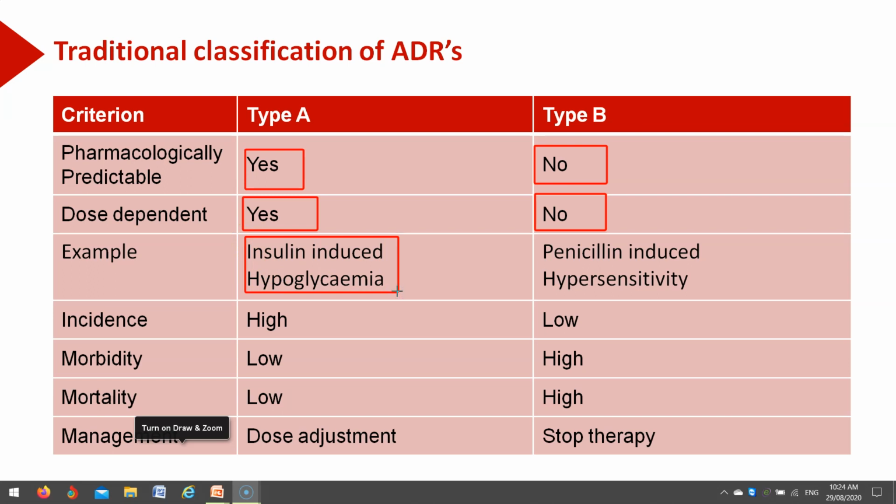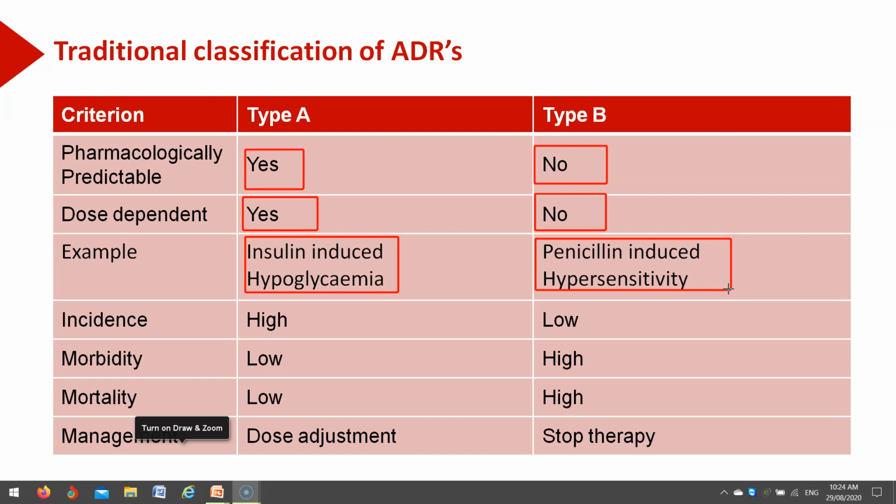An example of type A adverse drug reactions is insulin induced hypoglycemia. Insulin induces hypoglycemia in diabetic patients taking insulin therapy. As the dose is increased, the hypoglycemic effects are seen in the patients. So that is the type A adverse drug reaction, which is dose dependent, as I said. And type B adverse drug reactions are unpredictable in nature. We can see penicillin induced hypersensitivity reactions, which are unknown.